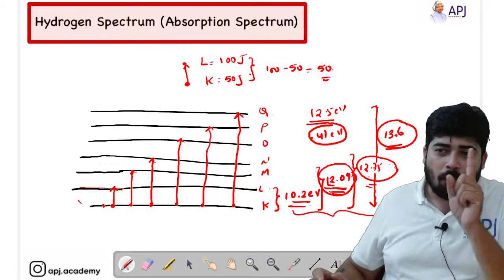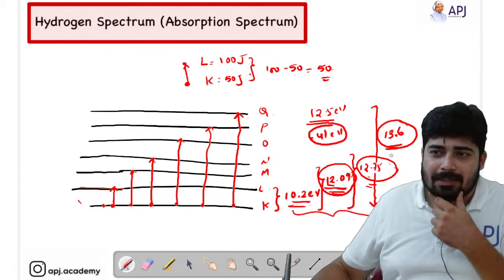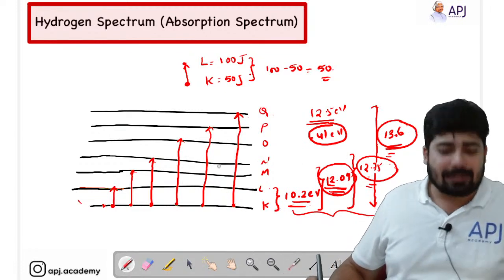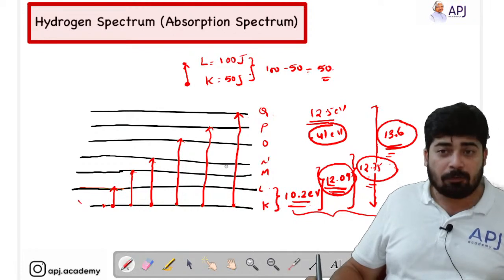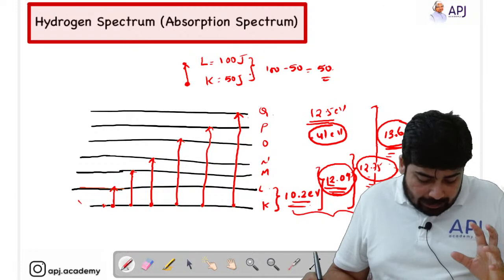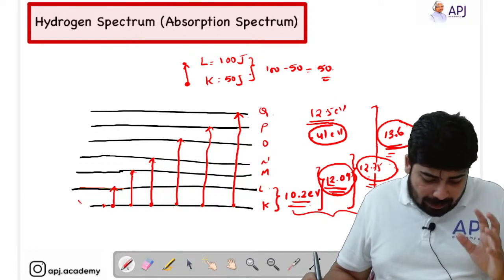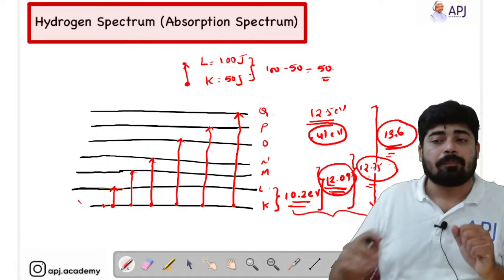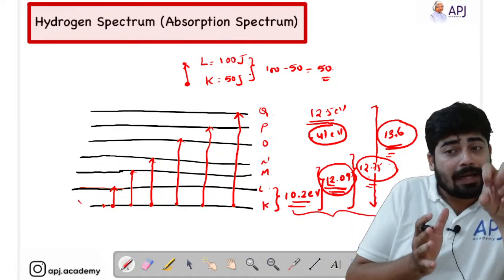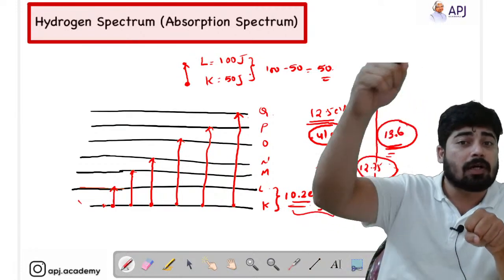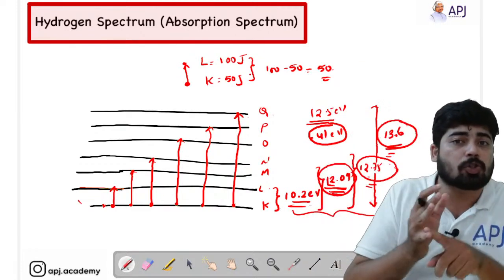Okay, now one more point you have to understand is that if you are providing an energy greater than 13.6 electron volt, Hadia, is that clear? Your why question is still remaining there, because the electron can only absorb an energy which will help it move to the second, third or fourth orbit, where the electron should lie.